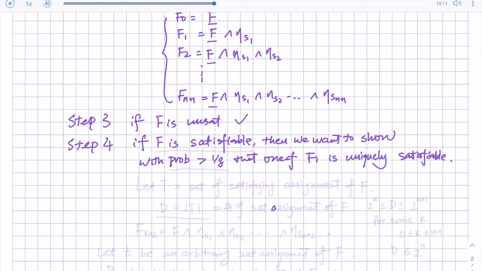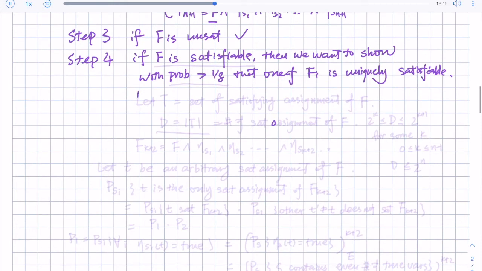So here's how we are going to show it. Let T be the set of satisfying assignments of F, and the order of the set is D. So this is the number of satisfying assignments for F. And we're going to show that with probability more than 1/8, the formula Fk plus 2 is uniquely satisfiable.